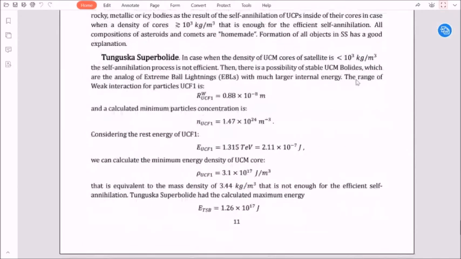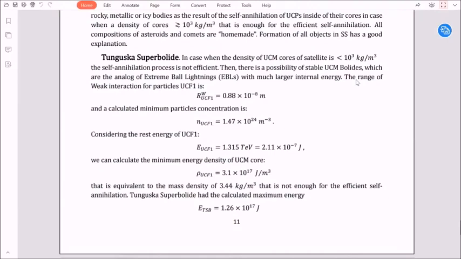Tunguska superbolide. In case when the density of UCM cores of a satellite is less than 1,000 kilograms per cubic meter, the self-annihilation process is not efficient. Then there is a possibility of stable UCM metabolites, which are the analog of extreme ball lightnings with much larger internal energy. The range of weak interaction for particles UCF1 is about 10 to the minus 8 meters. We calculated it before.